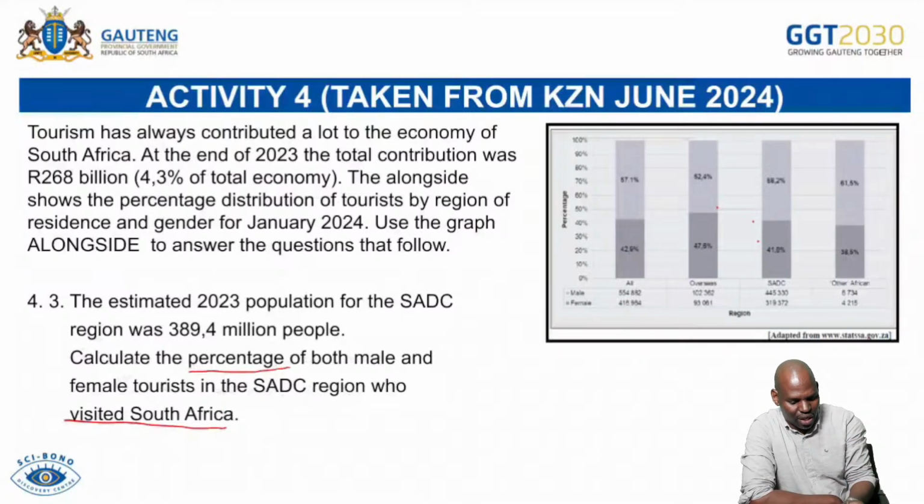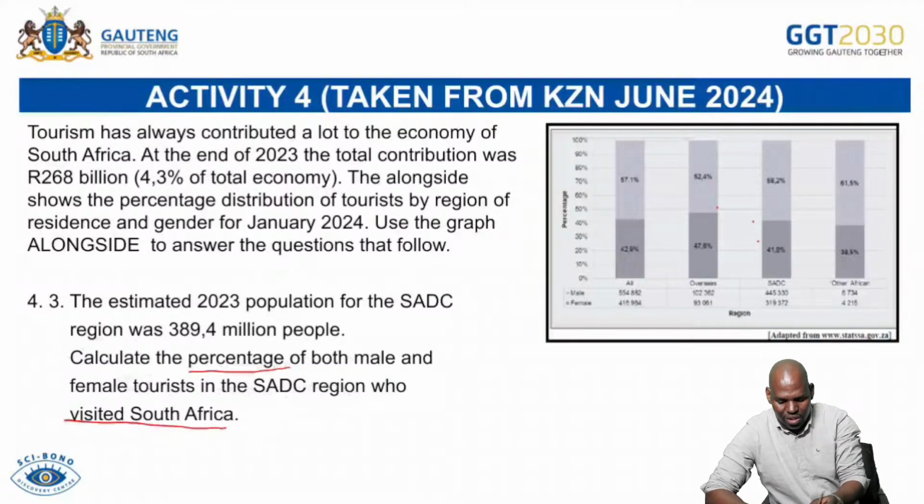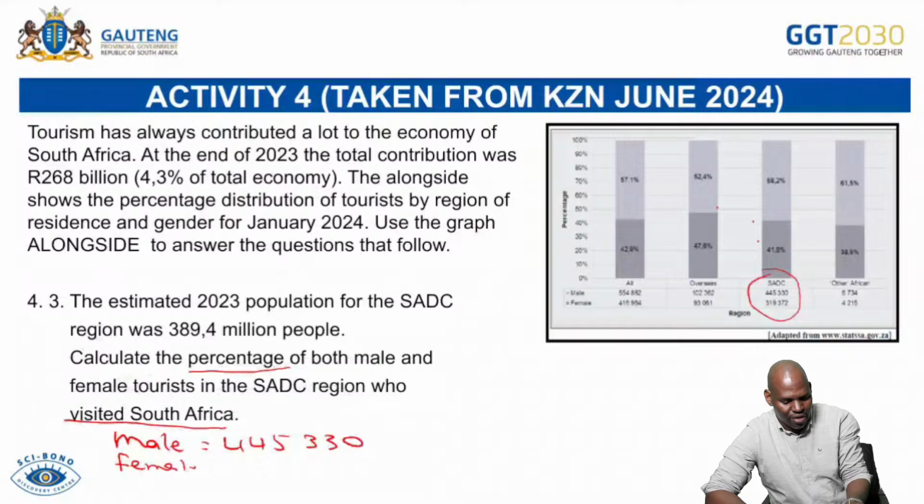So in this case, they say calculate the percentage of both male and female tourists in the SADC region. Now the SADC region is this one. For the male, the male there is 445,330. Okay, and then the female, we've got 319,372.